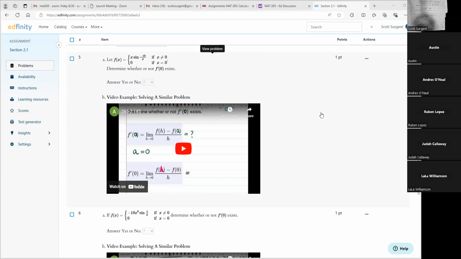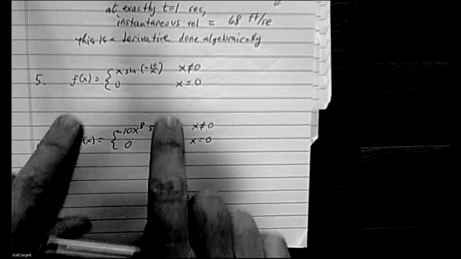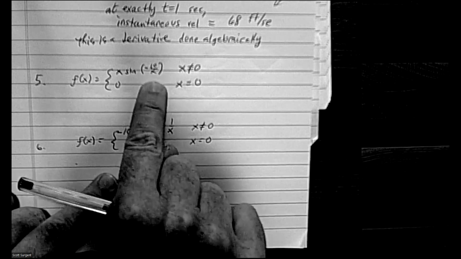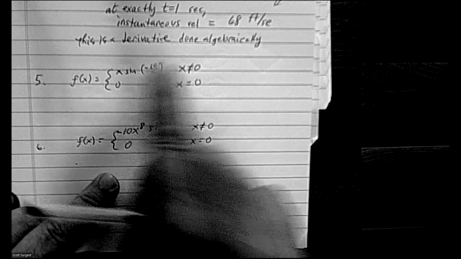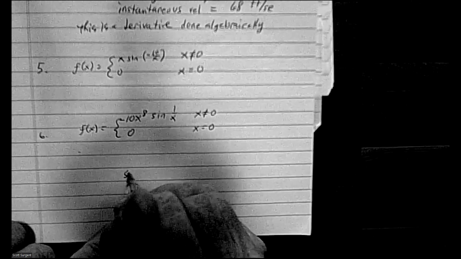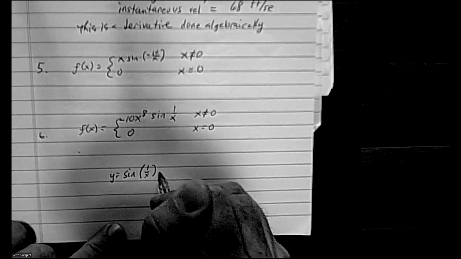All right, so I'm going to go to my overhead. The question is asking, actually, what is the question? Give me a second. It's asking whether the derivative exists at 0. What you have here is a sine function of a quotient, and what happens with these is, if you graph sine of 1 over x, you get a really bizarre graph.